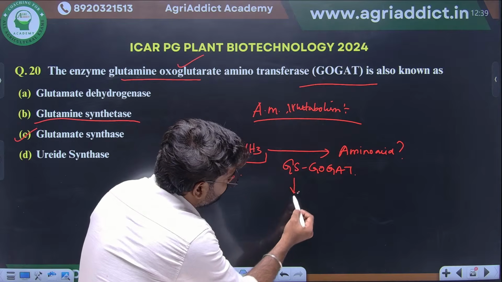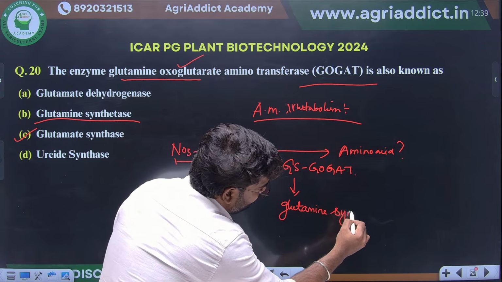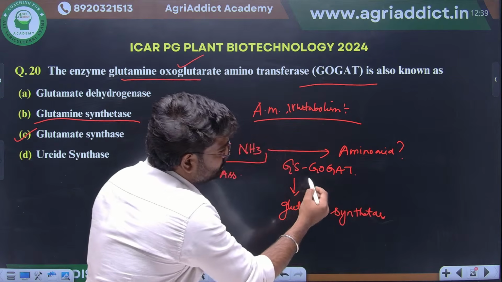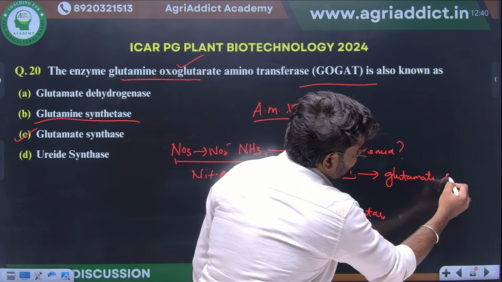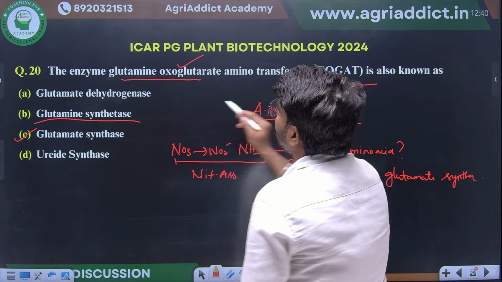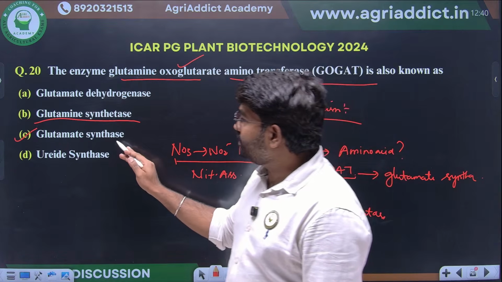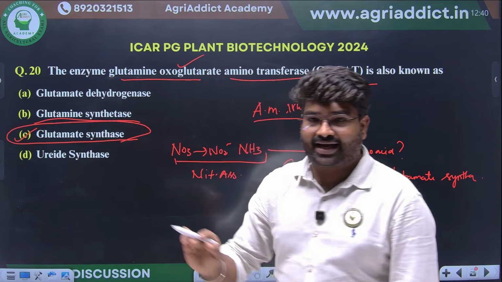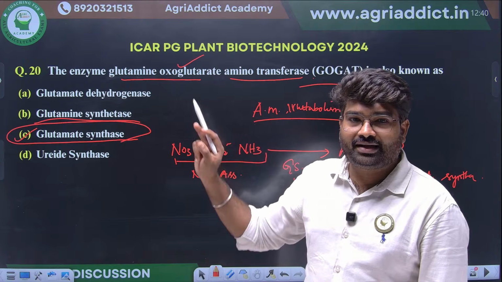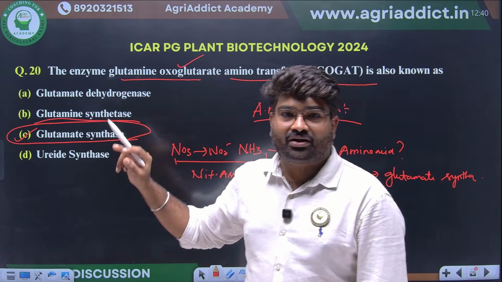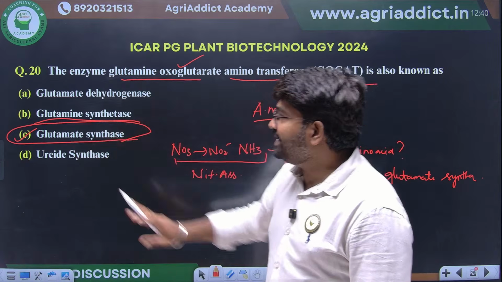GS means glutamine synthetase enzyme. GOGAT means glutamate synthase, or we can also say glutamine oxoglutarate aminotransferase. So the right option is glutamate synthase. This is the purpose of discussing previous year question papers. You have to read the question properly, then select the options properly. Don't make mistakes. So the other name of GOGAT is glutamate synthase.